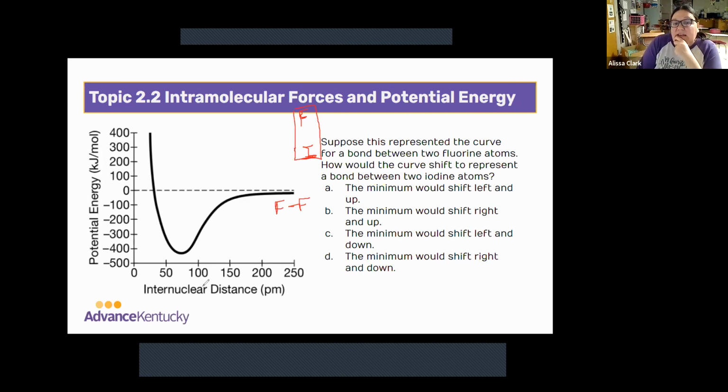What's going to happen to the internuclear distance when the 2 fluorines are able to overlap versus when the 2 iodines are able to overlap?